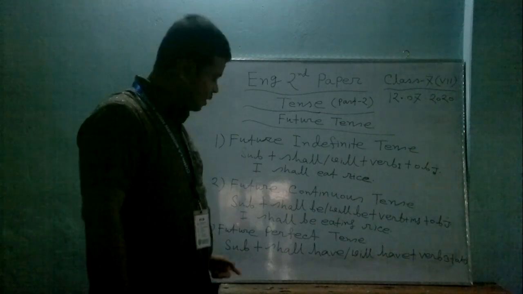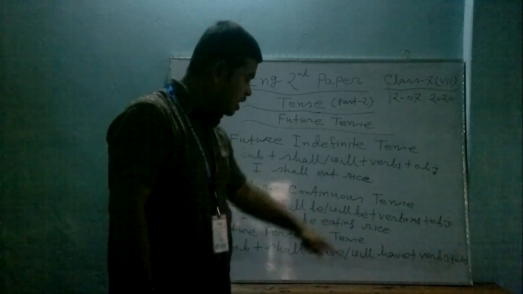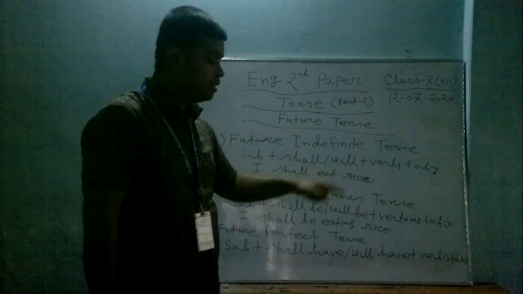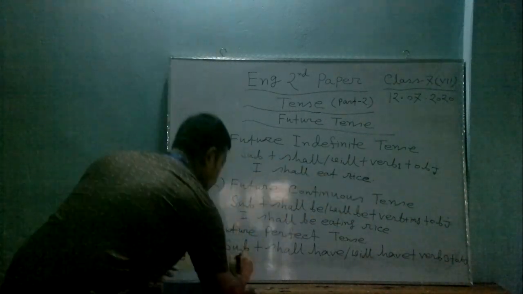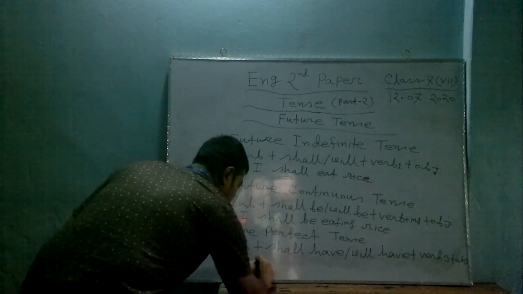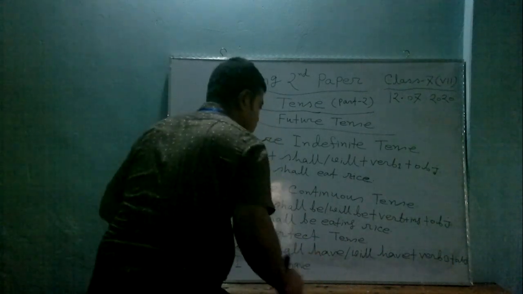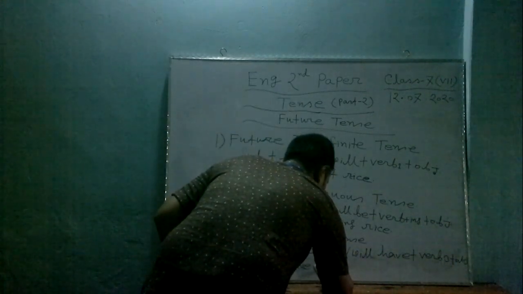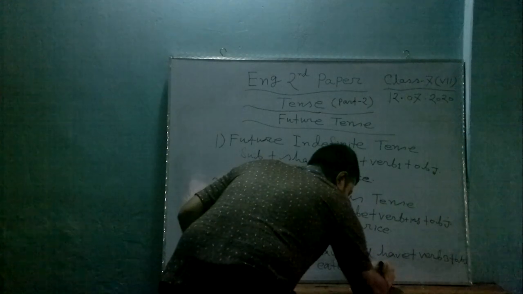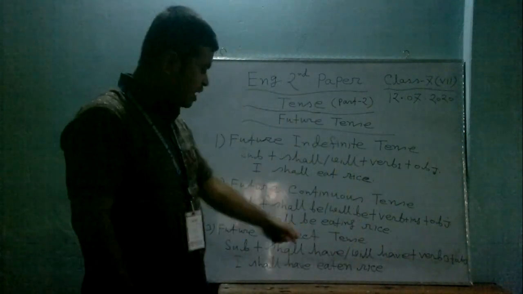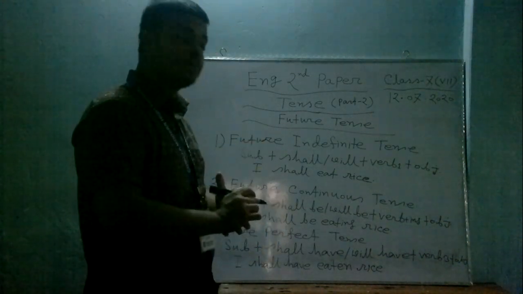If we follow the structure, here is first subject plus auxiliary verb shall have and will have, and then verb three, it means the past participle form of verb, and then object. Now our subject is I, then we add our auxiliary verb shall have, then verb three is eaten, and our object is rice. So, I shall have eaten rice. This is our sentence for future perfect tense.